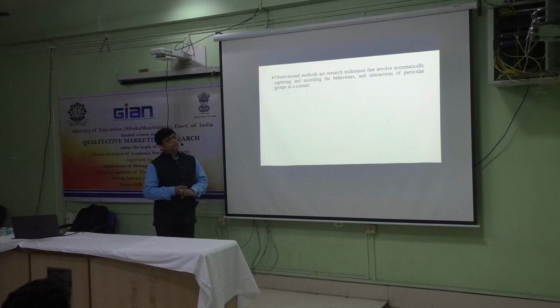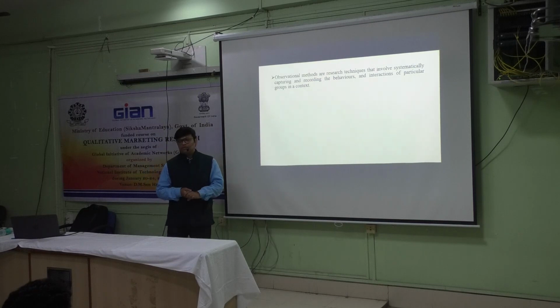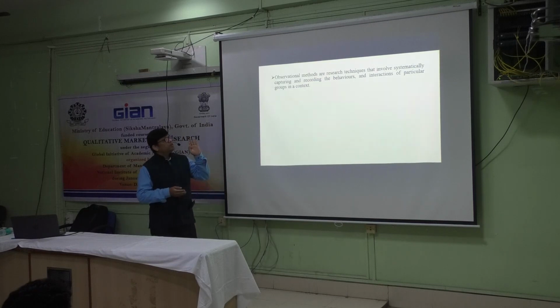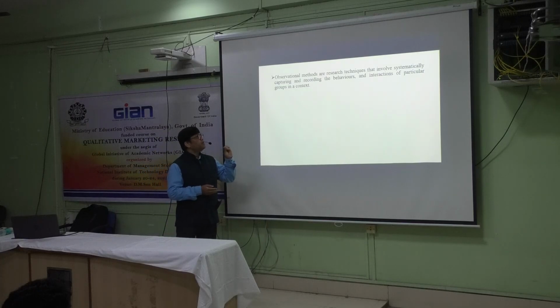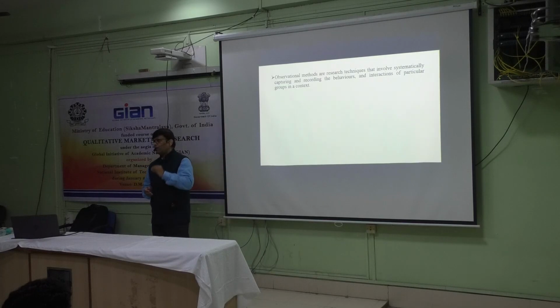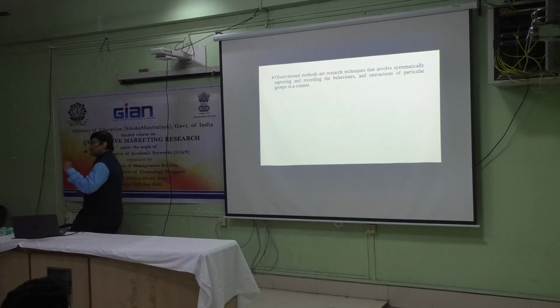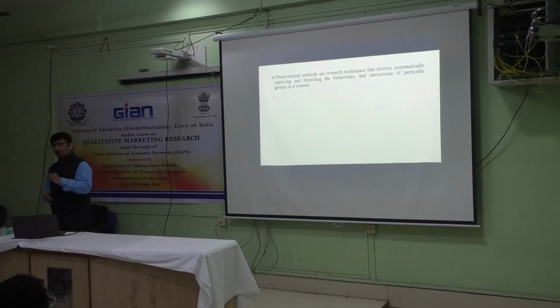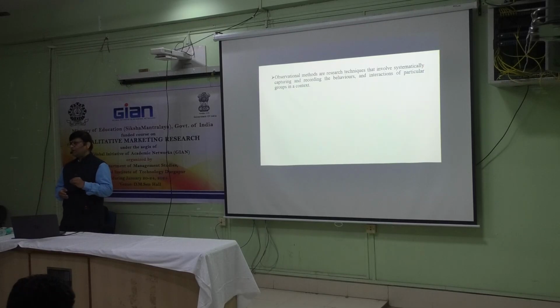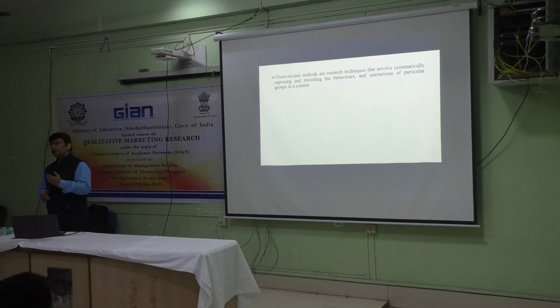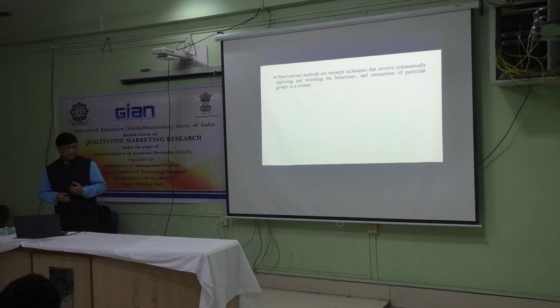The first thing that's important in this illustration is these are techniques that involve systematically capturing and recording. So the stress is on the term systematically. That means these techniques are well planned. They are methodical. They are well planned out procedures.